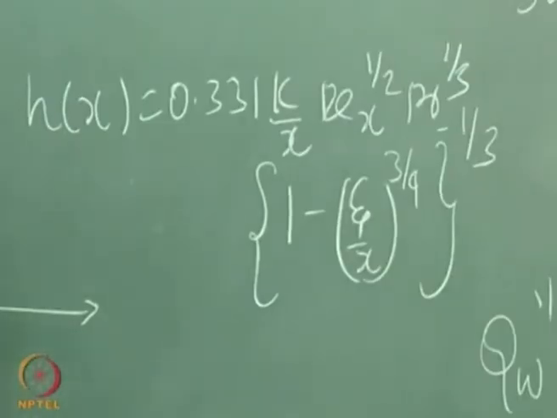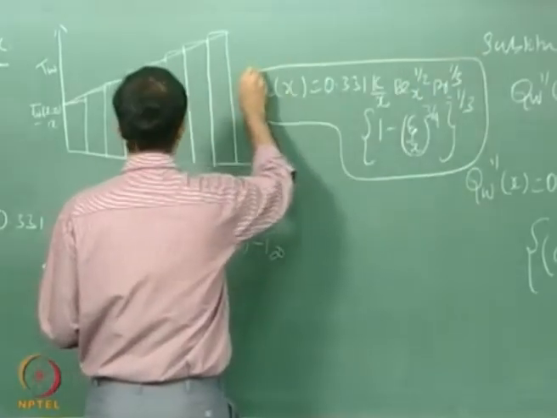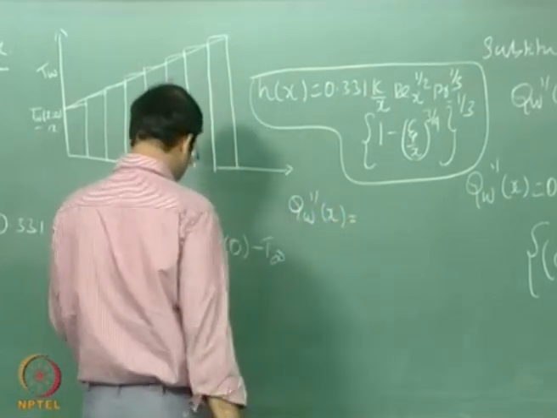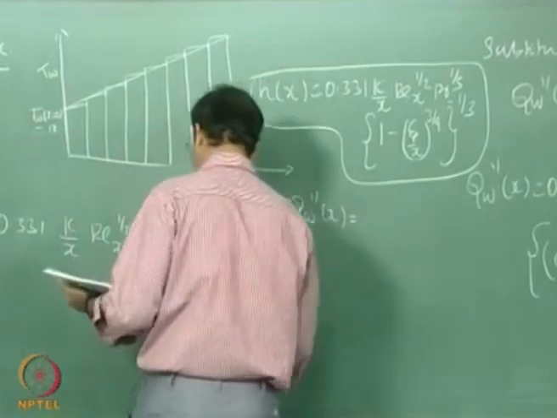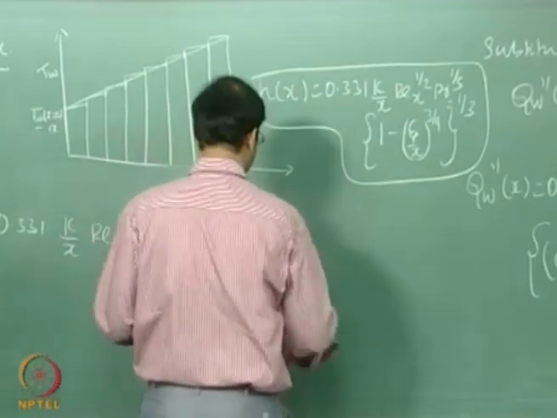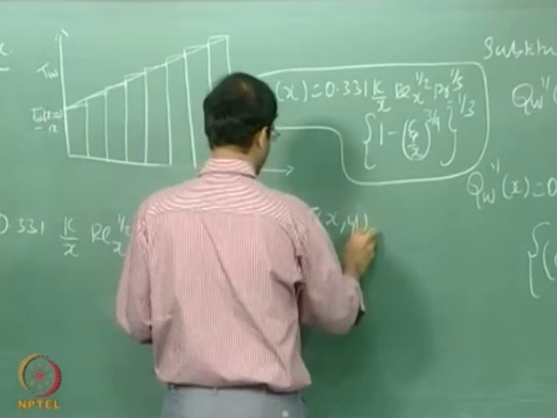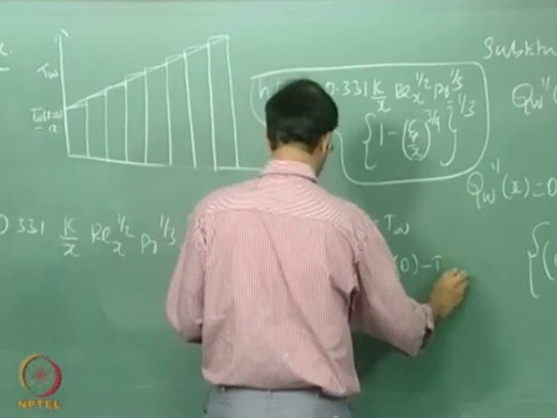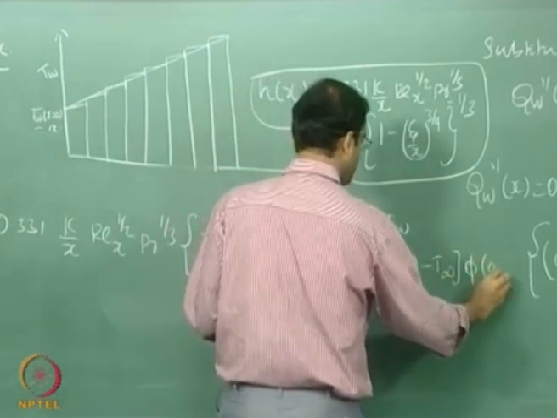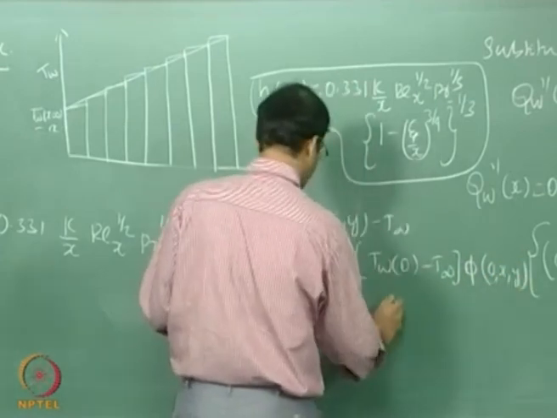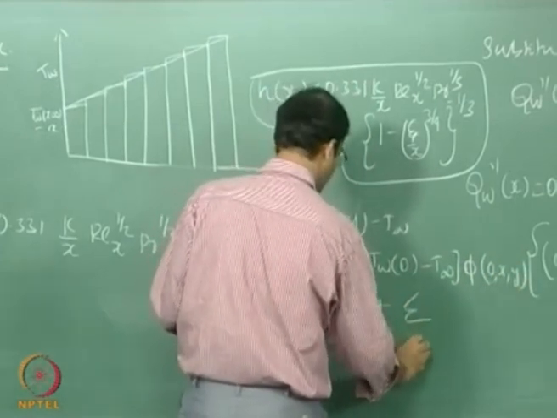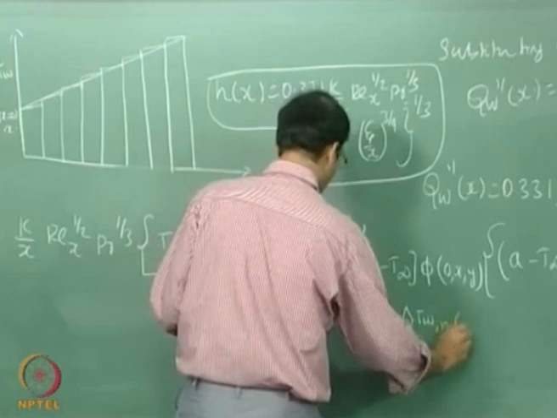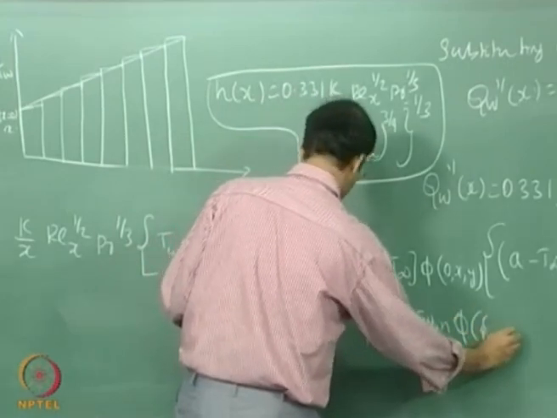Okay, so this we had to substitute into the expression for q wall of x. You had the original expression for T minus T infinity, which was T wall 0 minus T infinity into phi of 0 comma x comma y, plus summation of n equal to 1 to capital N delta T wall n phi of x comma y.